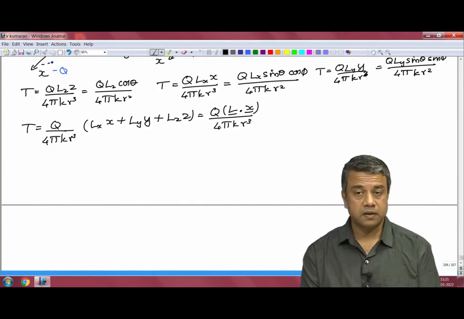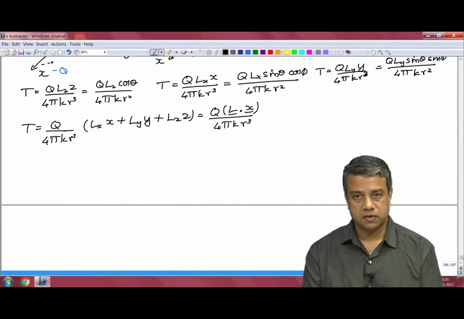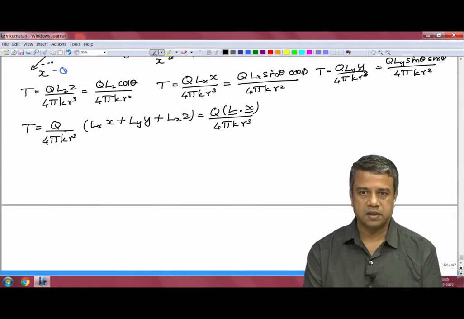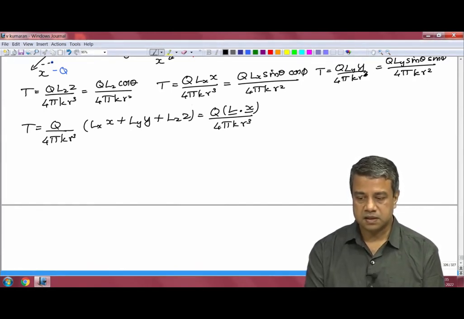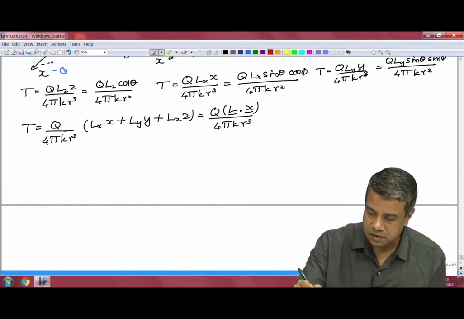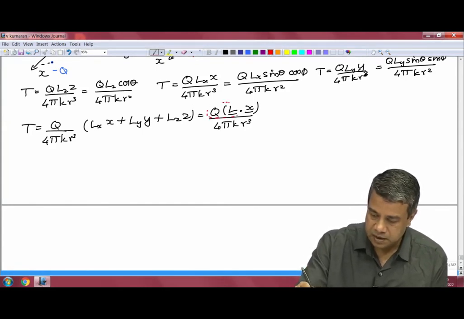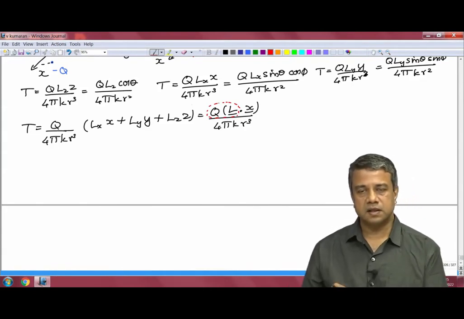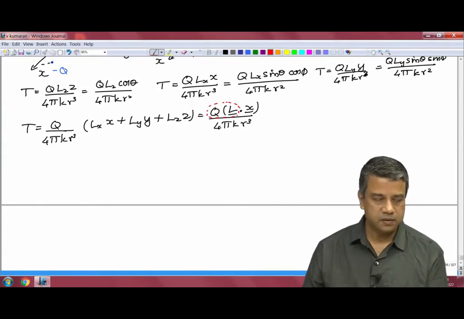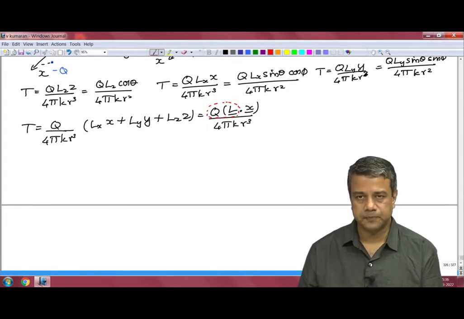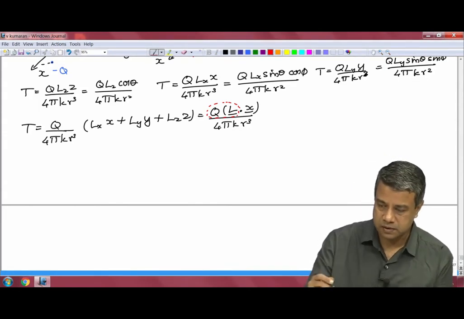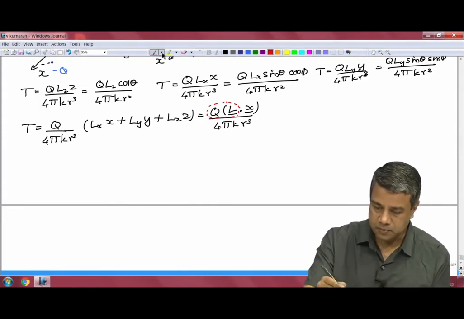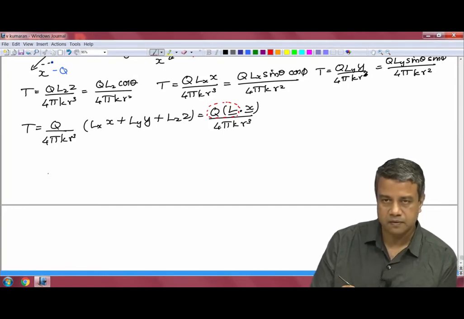So, the temperature field due to a point dipole, source and a sink of equal magnitude, separated by an infinitesimal distance L vector, such that this combination Q times L is finite. Q goes to infinity, the separation goes to 0 in such a way that Q times L is finite. In that case, you get a dipole field which is equal to the dipole moment dotted with x by 4 pi k r cubed.